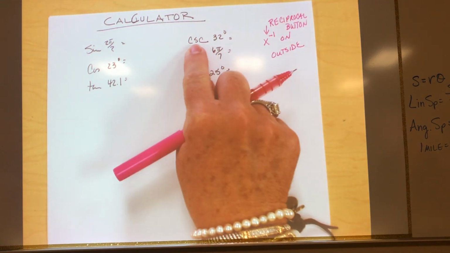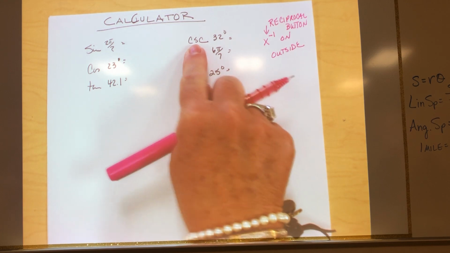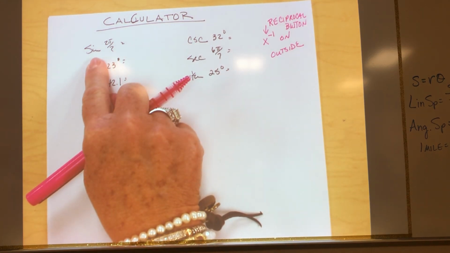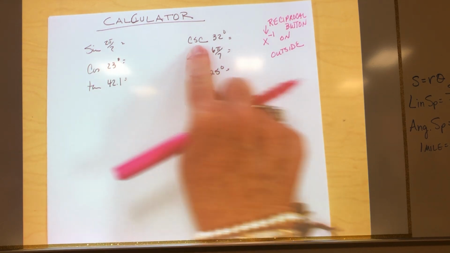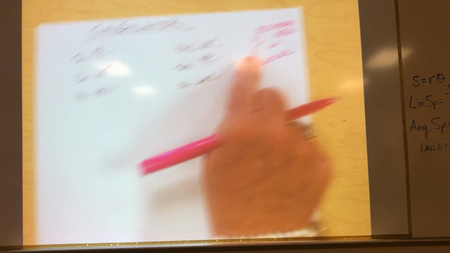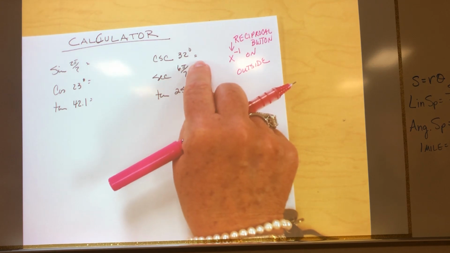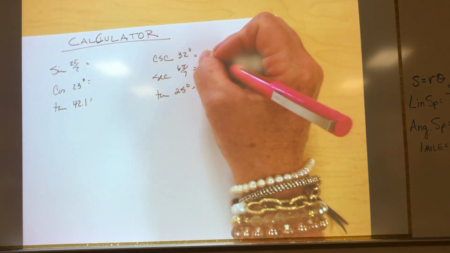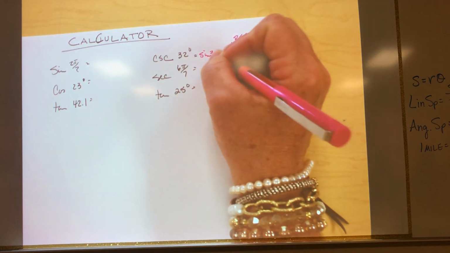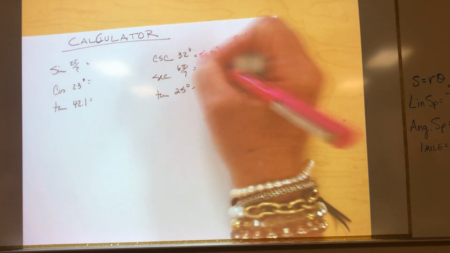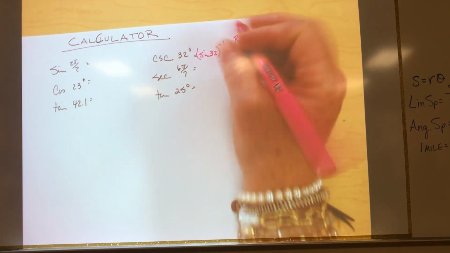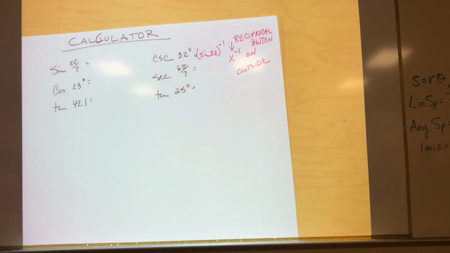Y'all, there is no cosecant button on my calculator, so you're gonna have to use the sine, all right? If I use the sine function, the reciprocal function, I have to use the reciprocal button. So what's actually gonna happen on this guy is you are going to find the sine of 32, then -1. Sorry, I don't know what happened.